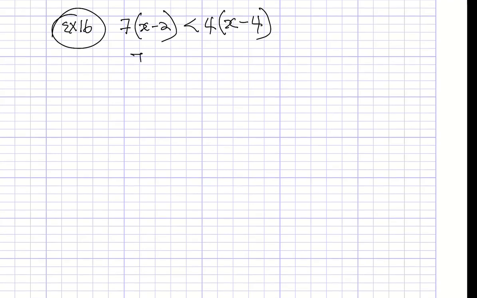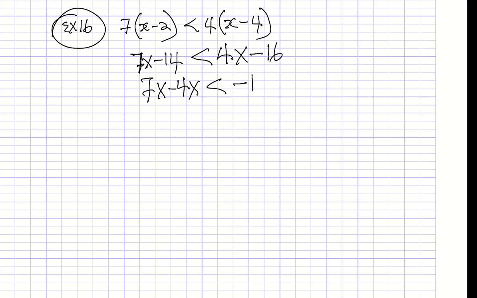Then you have 7x minus 14, you multiply, is less than 4x minus 16 after you multiply that thing out. So what do you get? That's 7 here. So you move things around. 7x minus 4x is less than negative 16 plus 14.